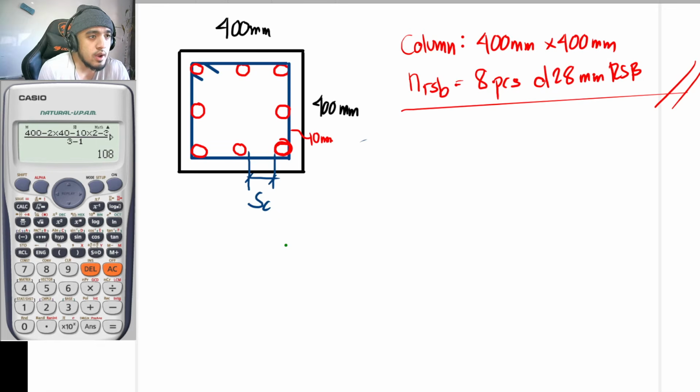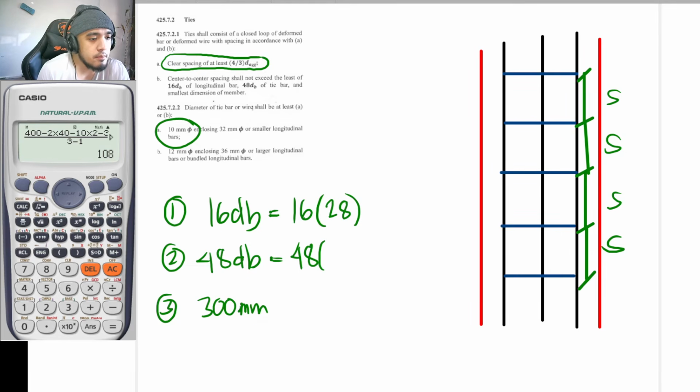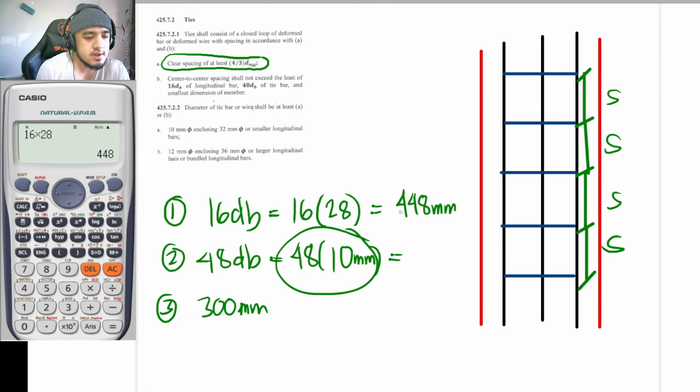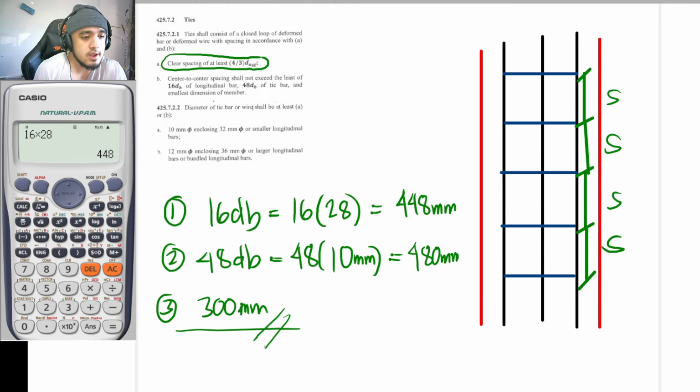A while ago, we chose 10 mm. Solving, 16 times 28 is equal to 448 millimeters. And 48 times 10 is equal to 480 millimeters. And you do not need to solve for this, so automatic 300 mm.